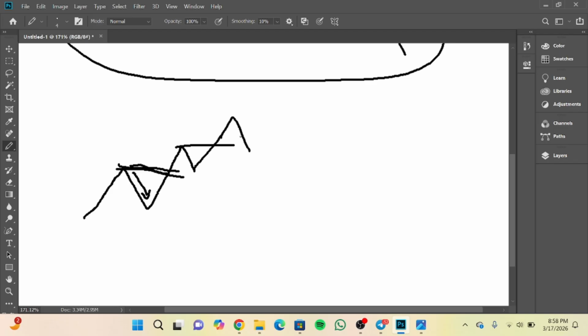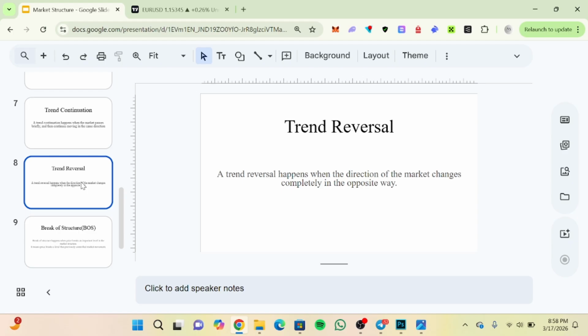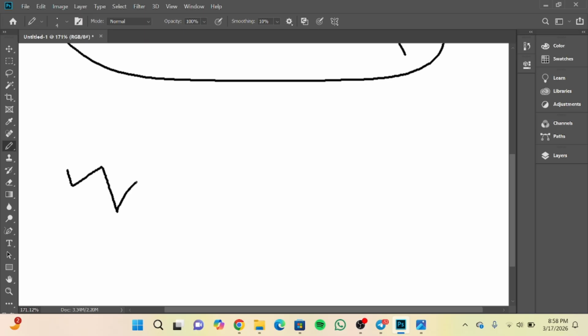Now, with that being said, let's move on to trend reversals. What's a trend reversal? A trend reversal happens when the direction of the market changes completely in the opposite way. So, for example, the market has been in a downtrend, and price keeps making lower highs and lower lows.